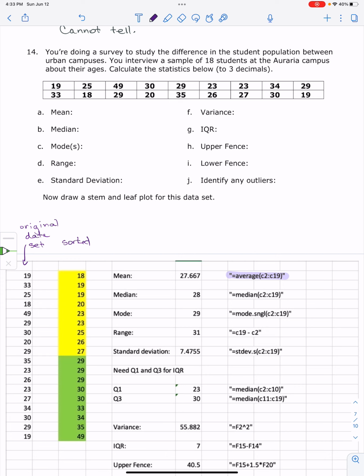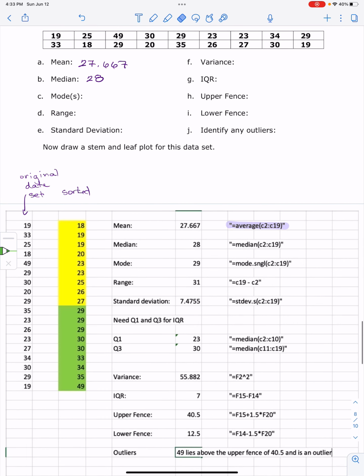So our mean, 27.667. Notice it says the statistics are supposed to be calculated to 3 decimal places. I did that. The median here is 28. It divides our data set in half. So you notice I highlighted the top set yellow and the bottom set green.